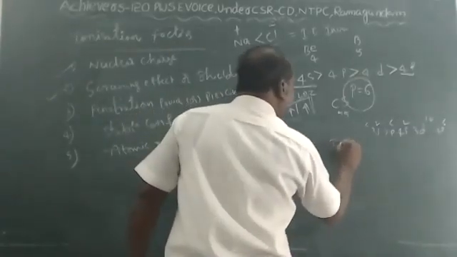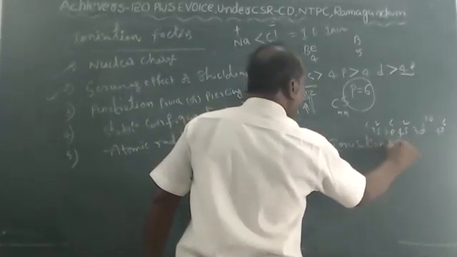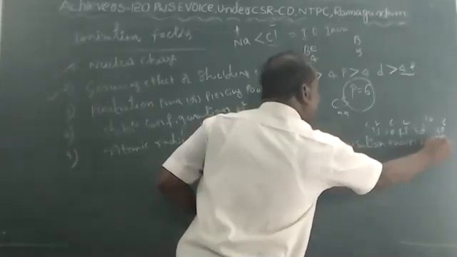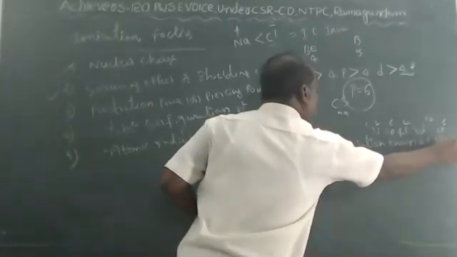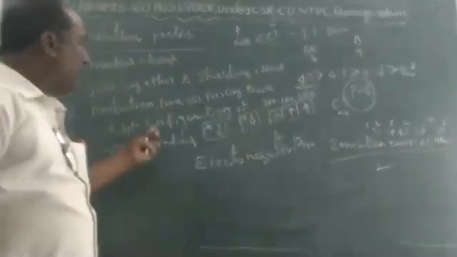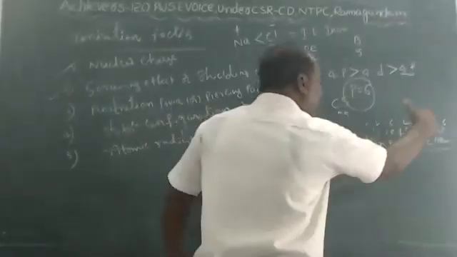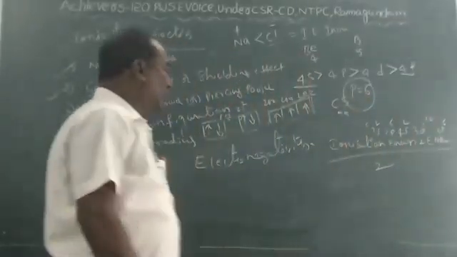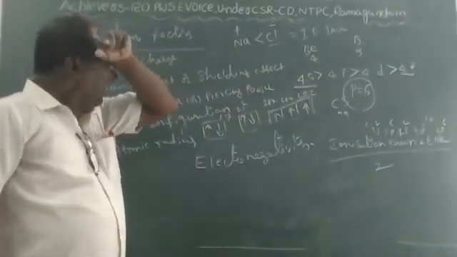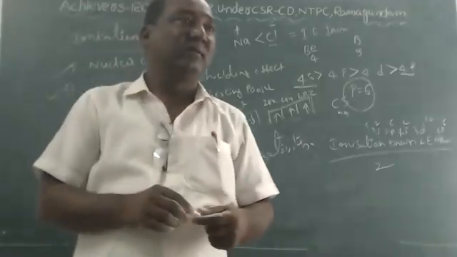Electronegativity equals ionization energy plus electron affinity by 2. This is the electronegativity formula: ionization energy plus electron affinity by 2. Very most important.